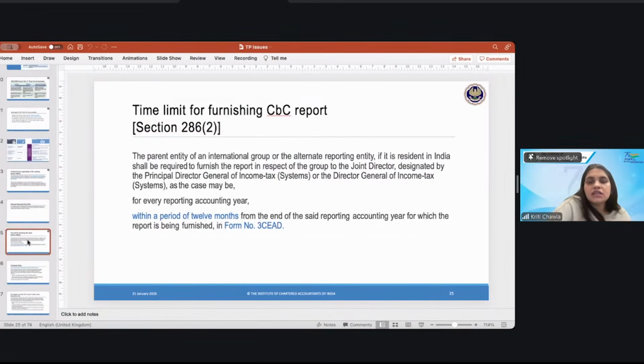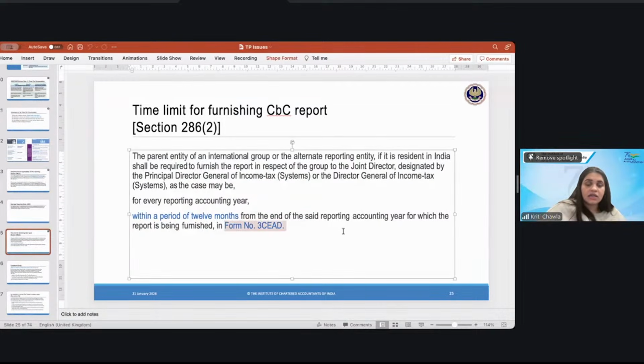Now, this is the time limit to furnish CbCR in India. This is subsection 2 of section 286, and it basically says that it's going to be within a period of 12 months from the said reporting accounting year. Now, you'll have to look at the accounting year out here, and within a period of 12 months, you'll have to file the CbCR, and this is the form in which CbCR is actually filed.